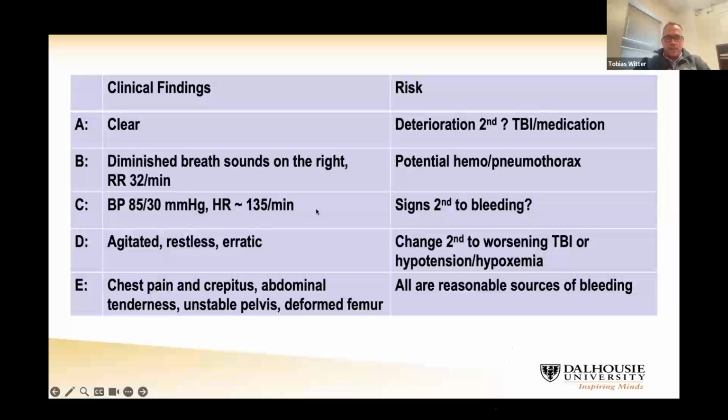The patient becomes agitated and restless. Again, could be a worsening TBI, but could also be caused by the increasing respiratory distress that the patient subjectively feels with his impaired lung function. And again, all these areas, unstable pelvis, deformed femur, abdominal tenderness, chest pain, all of those are very reasonable sources of bleeding.